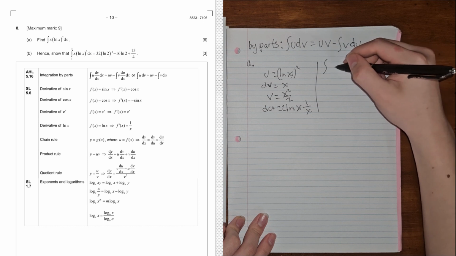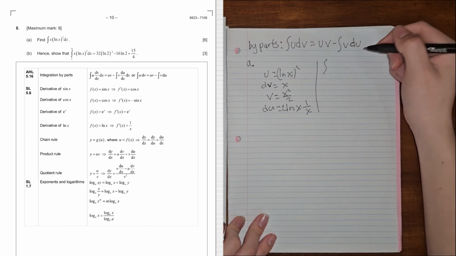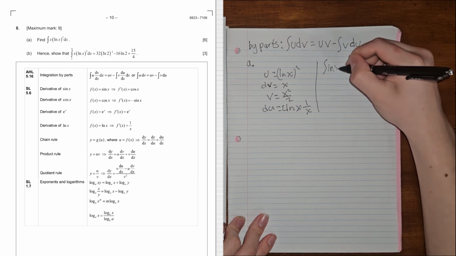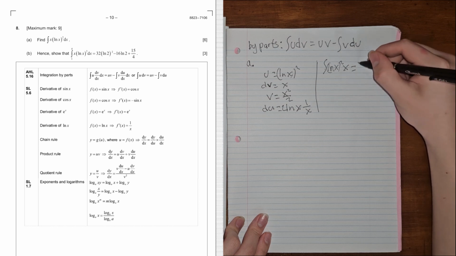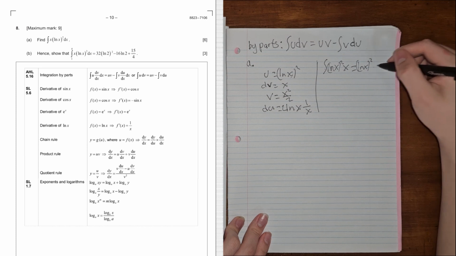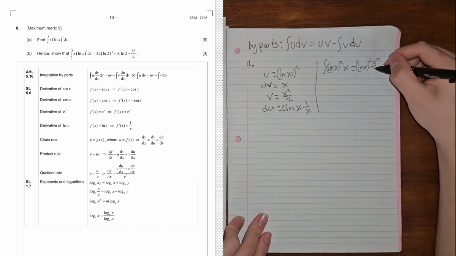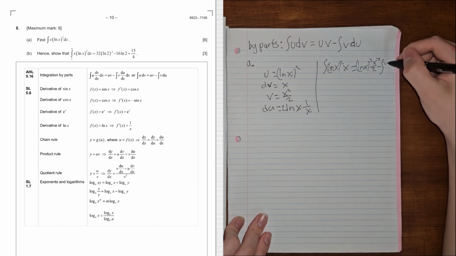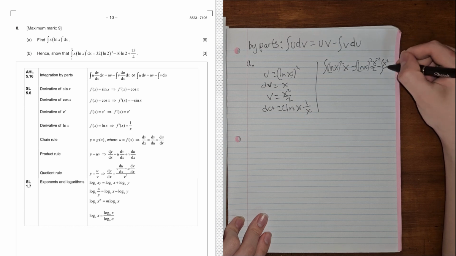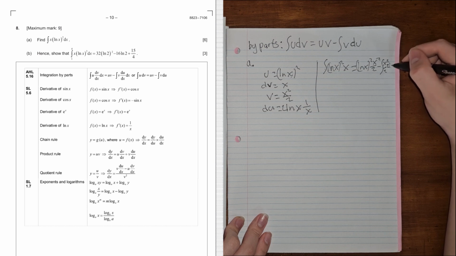The integral of x ln x squared is equal to ln x squared times x squared over 2, minus the integral of x squared over 2 times 2 ln x over x.